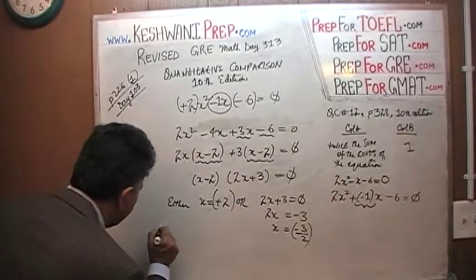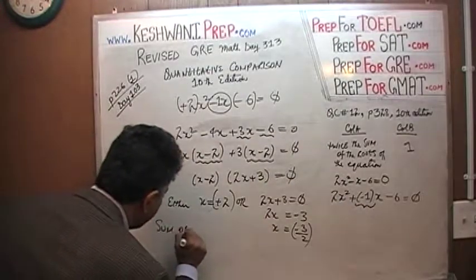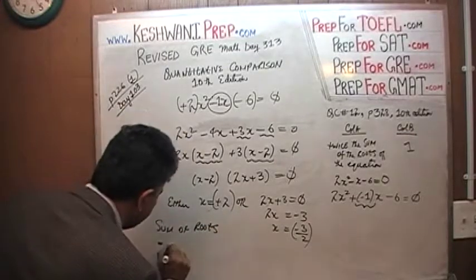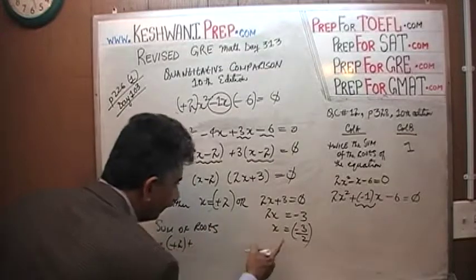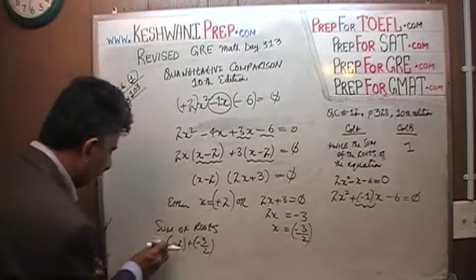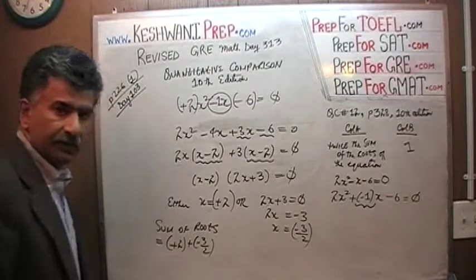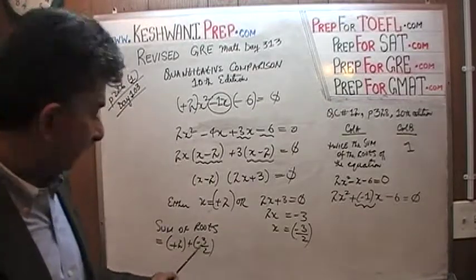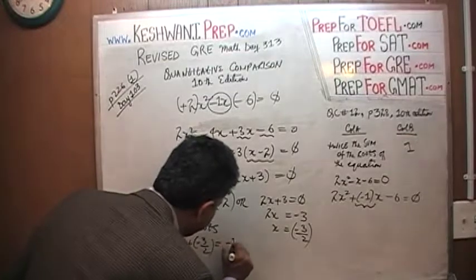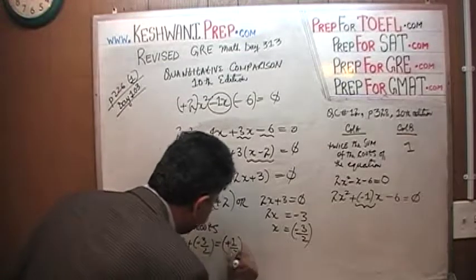So the sum of the roots is going to be +2 plus -3/2. -3/2 is -1.5. A +2 and a -1.5 is... oh, sorry, +1/2.